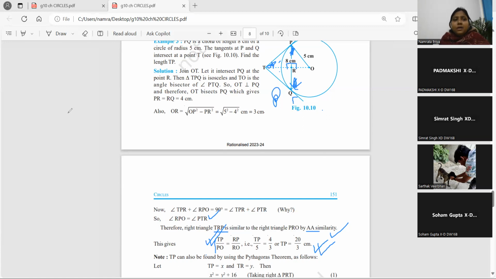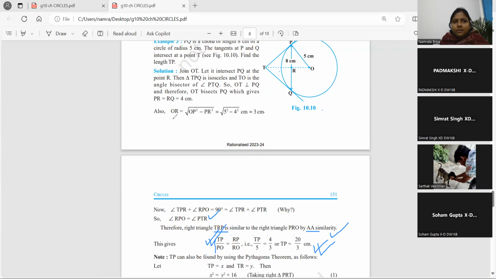Now, if you remember, we have done the same question in grade 9, and we have not used similarity. There we used the Pythagoras theorem. Once we got all the values, we used the Pythagoras theorem. So how? TP is your x. Suppose it is x, you are not aware, and TR is your y. Alright. So now what will happen? x square will be equal to y square plus 4 square.